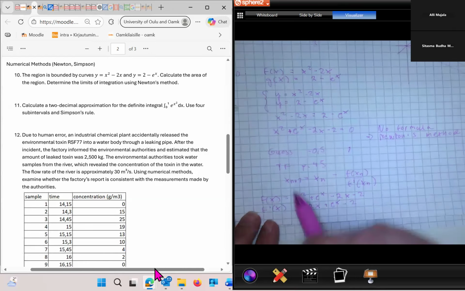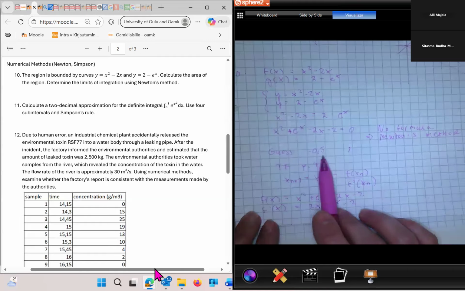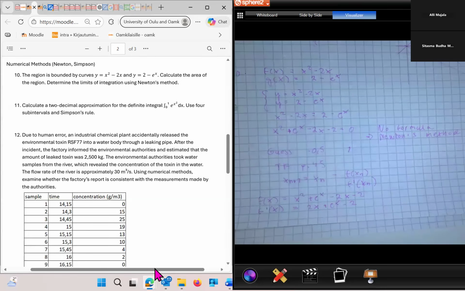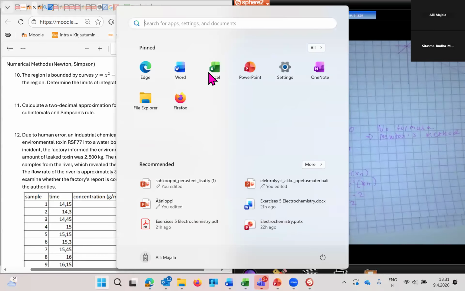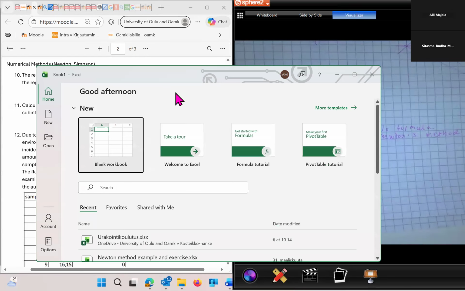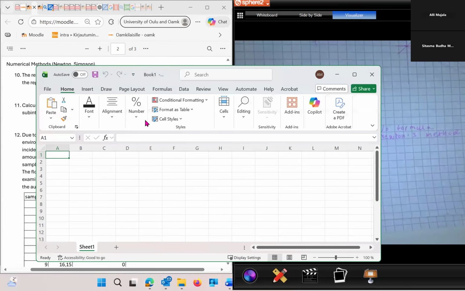And then the initial guesses. And then I take the Excel, because I'm not going to start calculating something like this by hand. Okay.